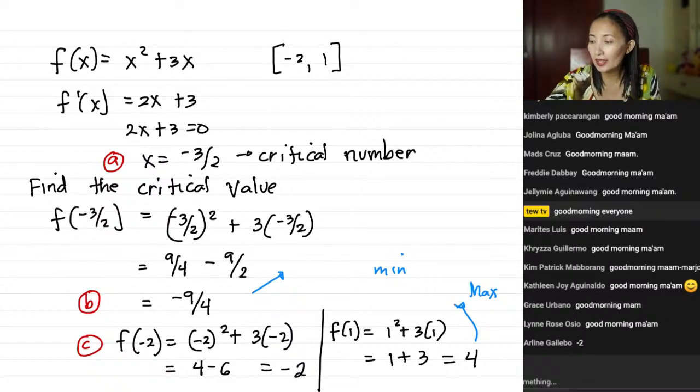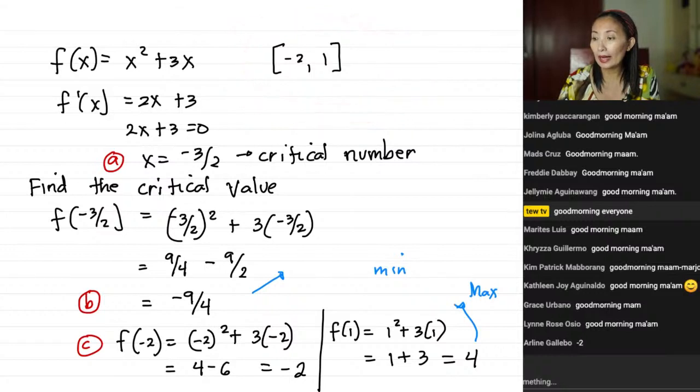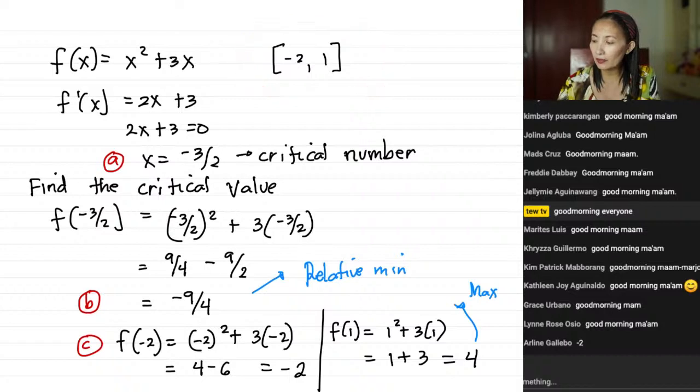Because in this interval, we mean within this interval, from negative 2 to 1, the relative minimum, sorry, please make the necessary correction. This is relative. That means with respect to the given interval. With respect to this given interval, the relative minimum is negative 9 over 4 and the relative maximum, relative, because this may change.